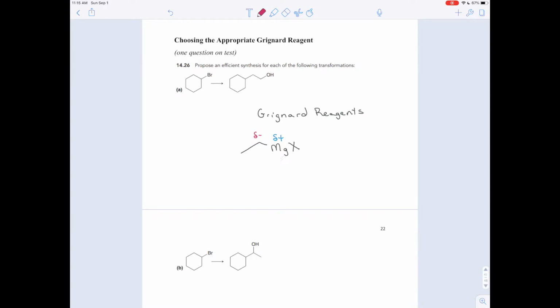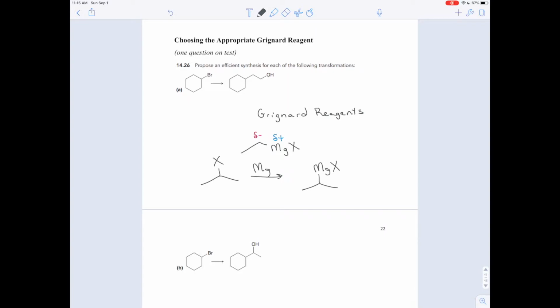Carbon is not an especially electronegative element, and so by bonding it to this metal, we make carbon a nucleophile. And you can create these Grignard reagents anytime you have a halogen. Chlorine and bromine are the two that'll work most often. Just add solid magnesium, and that'll turn it into this Grignard reagent.